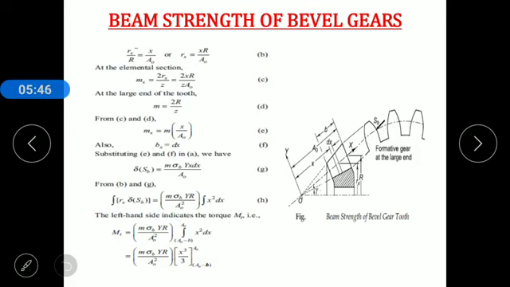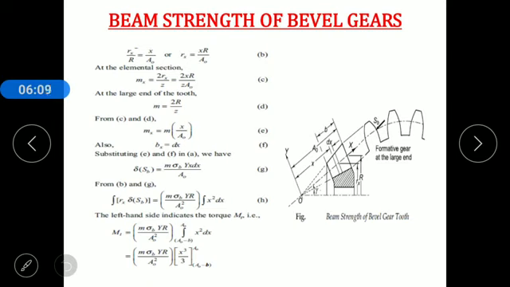After substituting in equation C, here we get a relation 2x divided by z AO into mz divided by 2. Here 2 gets cancelled, z gets cancelled, and remains the value of mx is equal to m into inside the bracket x divided by AO.